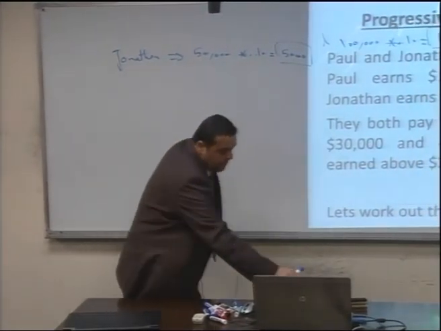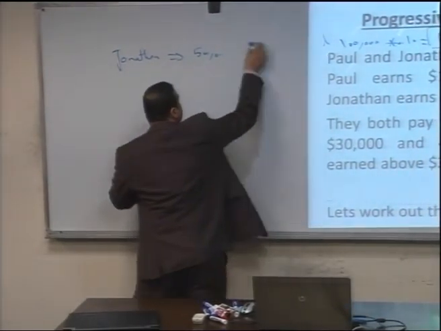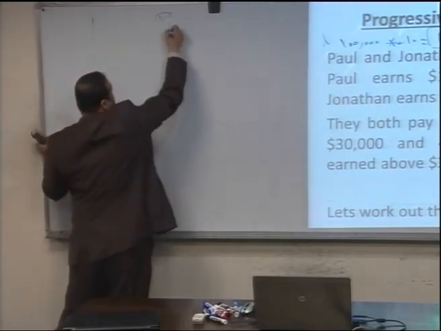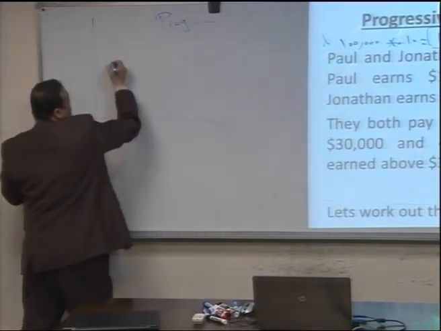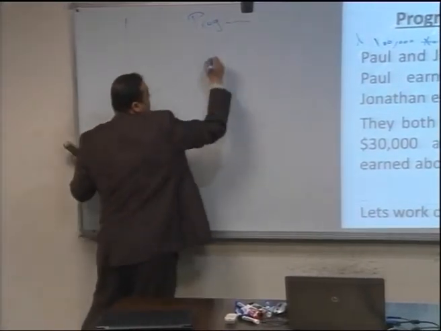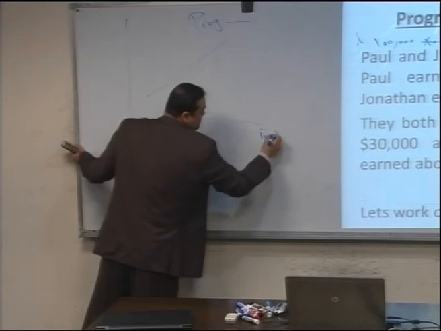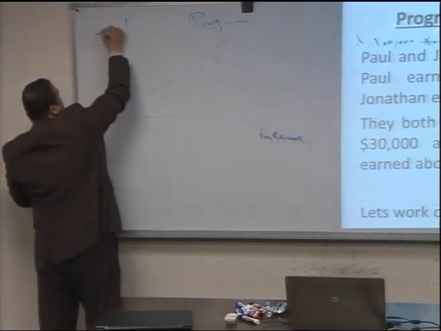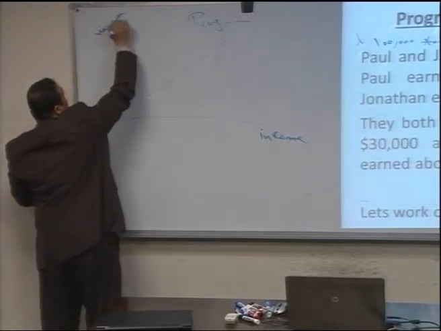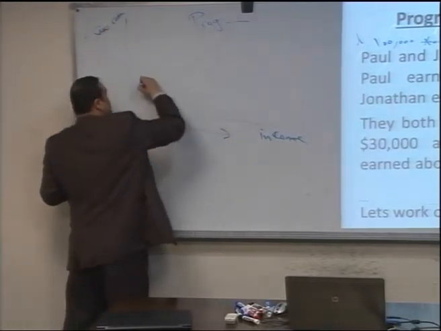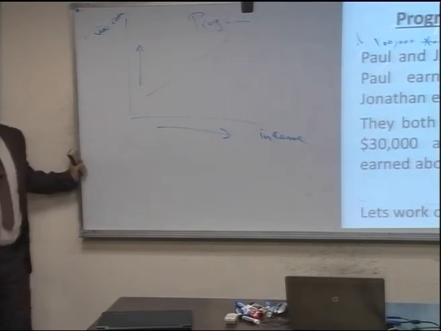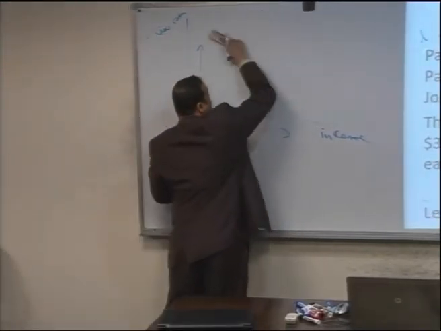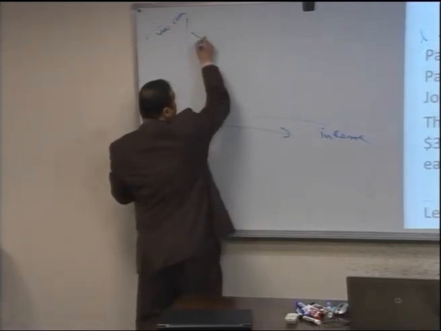For the progressive taxes, there is a positive relationship between the earned income and the tax rate. The higher the income, the higher the tax rate. For the regressive taxes, it should be negative.